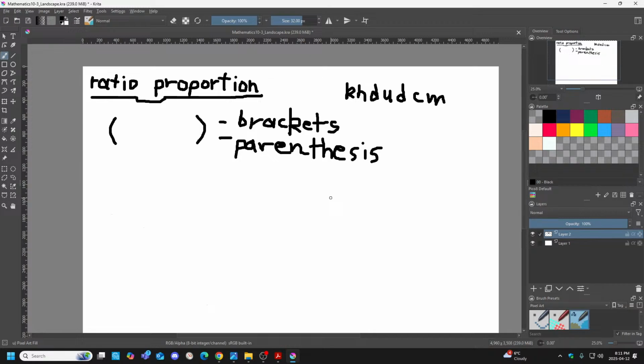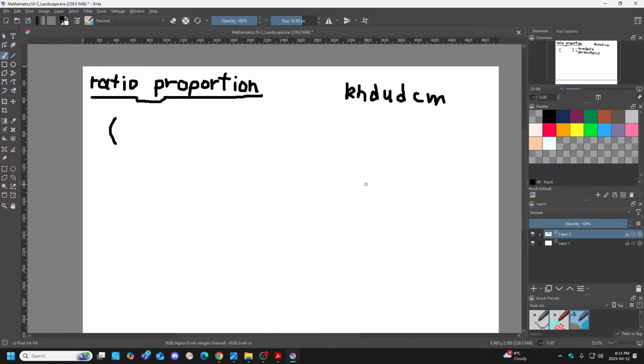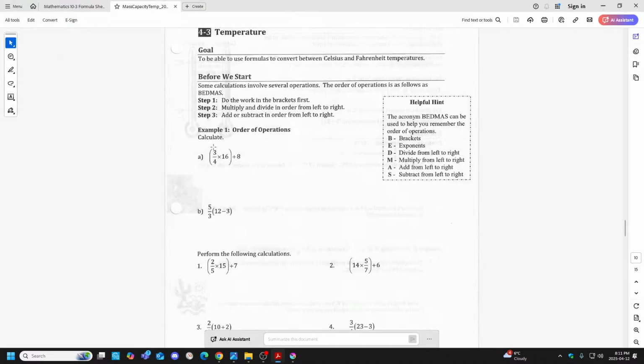Parentheses, parameters, parentheses. Potatoes, tomatoes. Doesn't really matter because they all cook the same and do the same thing. If you see those, that's what these are. PEDMAS, BEDMAS, it's all the same. It's called PEDMAS because of parentheses.